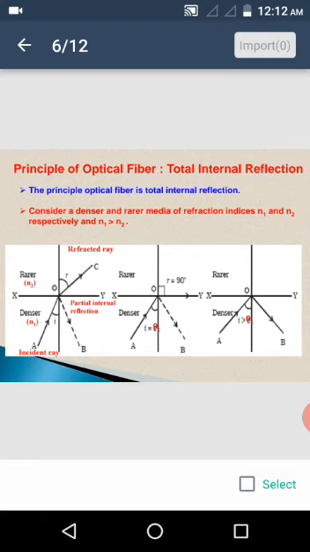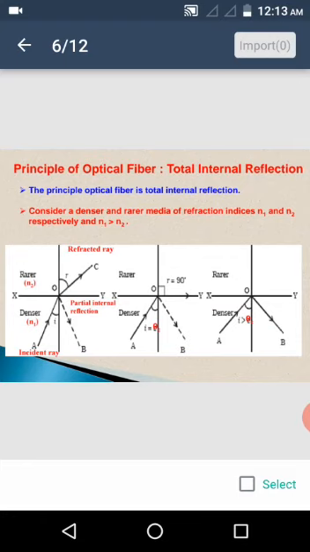As the angle of incidence increases, the angle of refraction also increases. More and more it bends, meaning the refracted ray bends away from the normal line. When the angle of incidence is equal to a particular angle which is called critical angle, then the light ray refracts along the boundary between the two media.